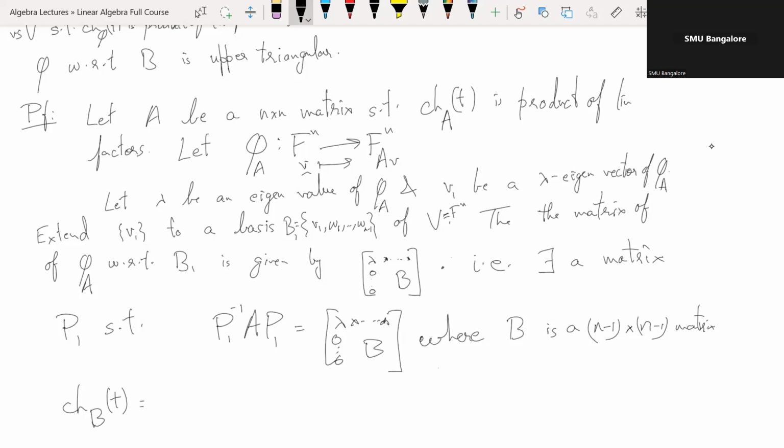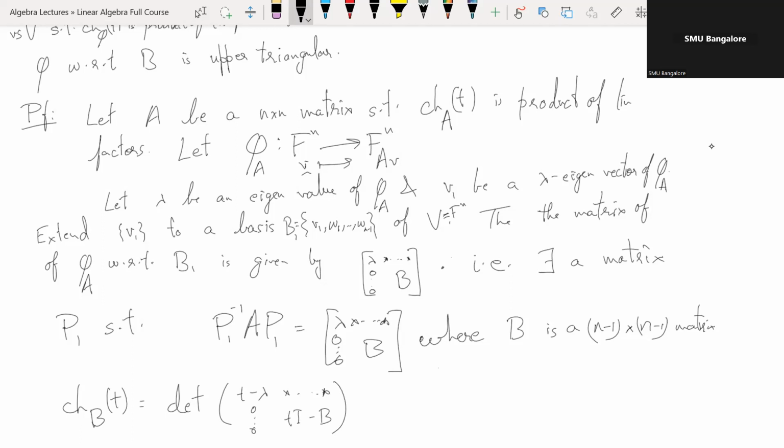So you just have to calculate the determinant of this matrix: T minus lambda, then something in the first row, zeros below, and TI minus B. This is how it will look.